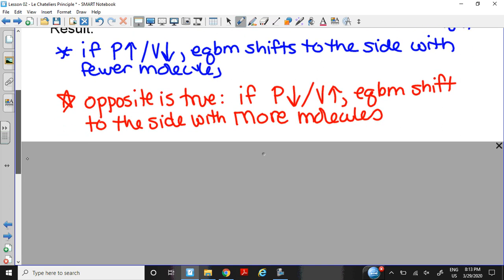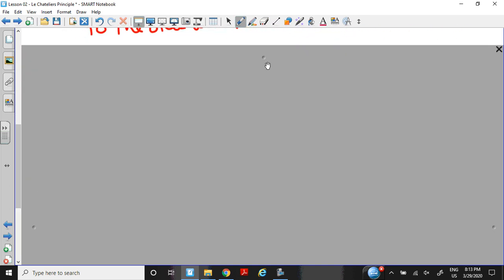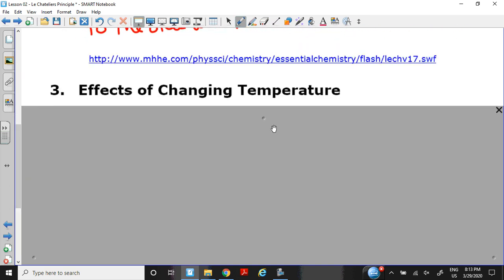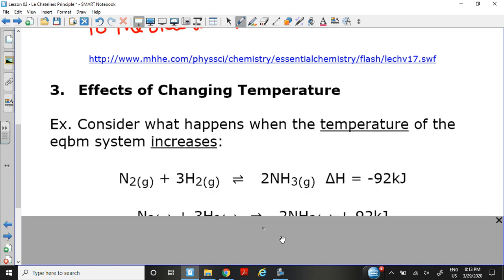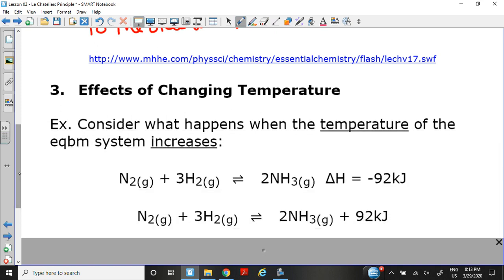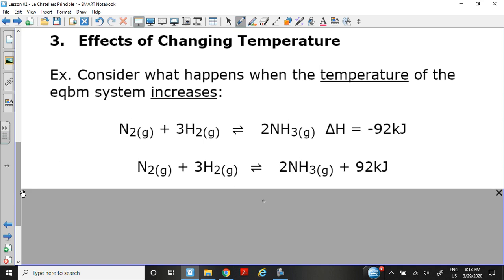Next up, we're going to look at temperature. So this is an important stress. What happens if you change the temperature? Now this is where a little bit of your knowledge on thermochemical equations can come in handy. If you remember from Unit 2, there's 2 ways you can represent it.